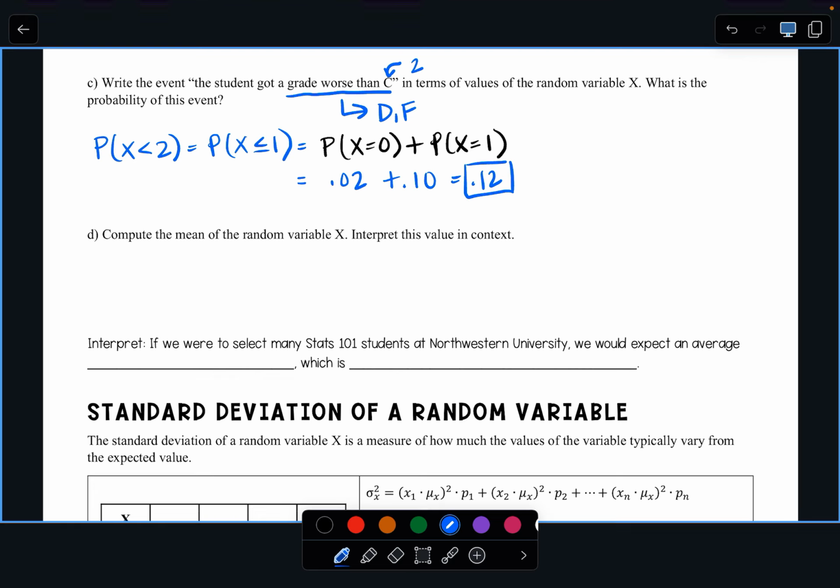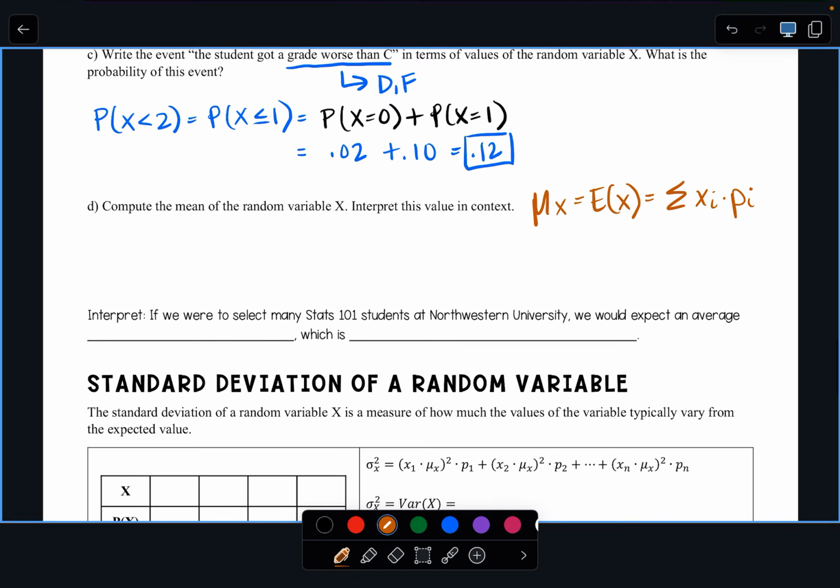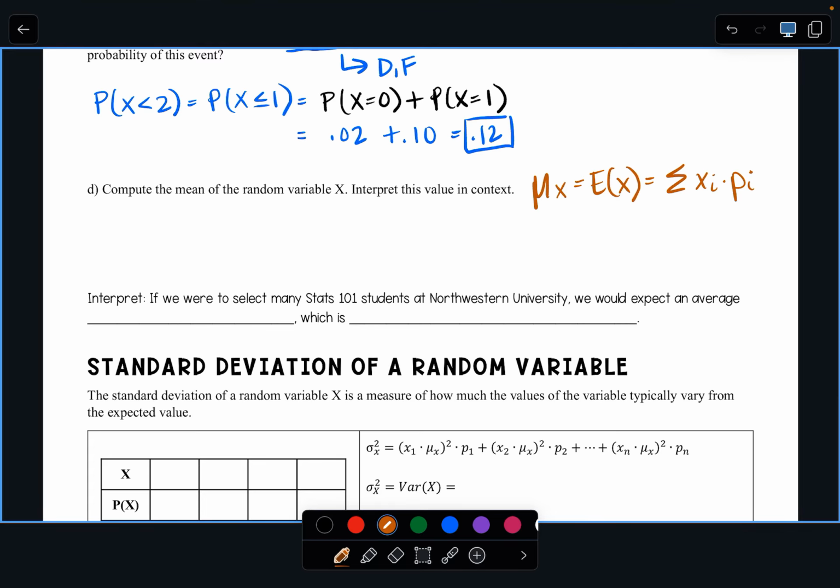Now the last little piece. Compute the mean of the random variable X. Interpret this value in context. So remember, mean, also referred to as expected value, is the summation of xi times pi. This formula you don't have to remember. It is on your formula chart. But it's one that I think is not too bad to do by hand. So I'm going to go ahead and do mu of x.